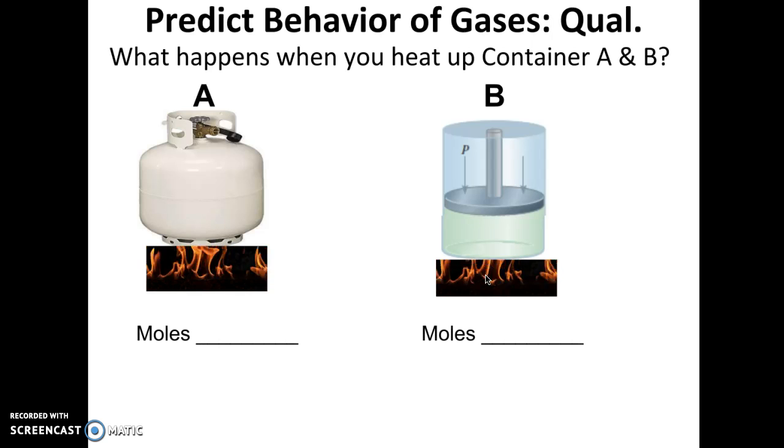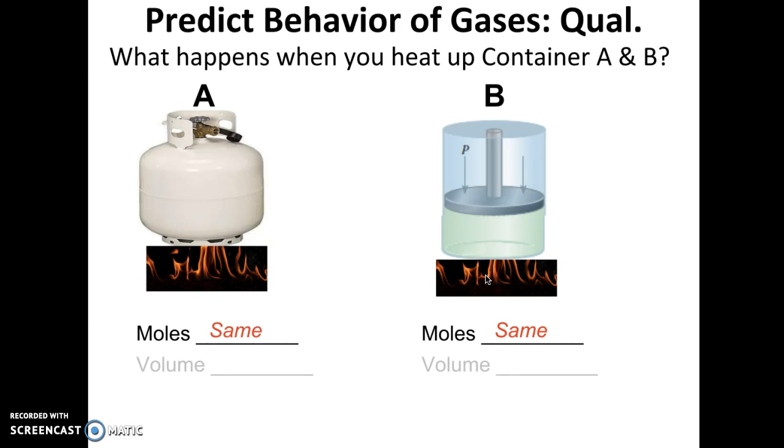All right, so let's start off with moles. We're assuming here, because it didn't tell us otherwise, that there's no gas leak, and also gas is not being put in. So in that case, the number of gas particles in the container before and after heating it up should be the same. So moles don't change. Volume.